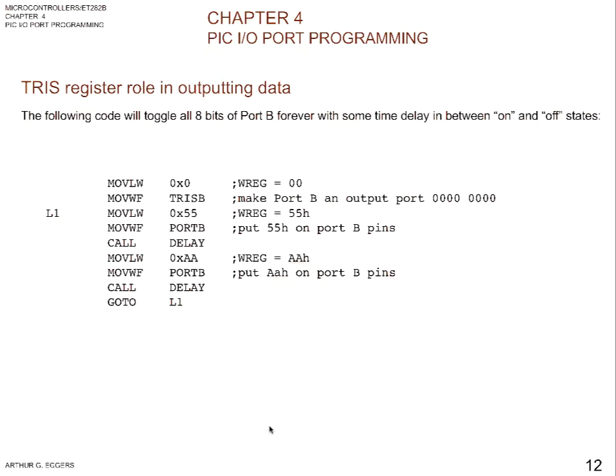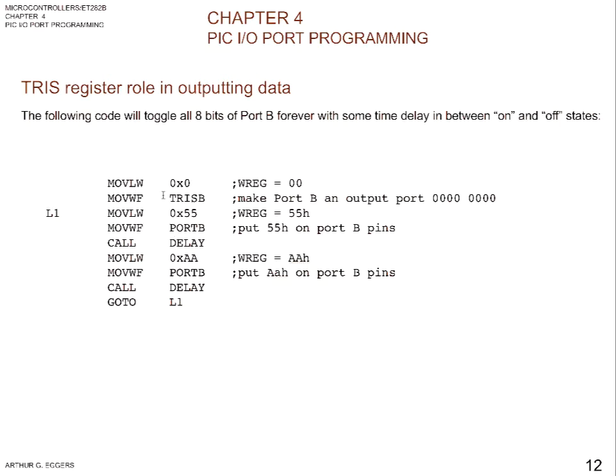In this case, it'll toggle all 8 bits of port B forever with some time delay in between the on and off states. So you should be becoming familiar with these simple commands: move literal to the working register, move the working register to some file, move the literal to the working register, move the working register to some file.